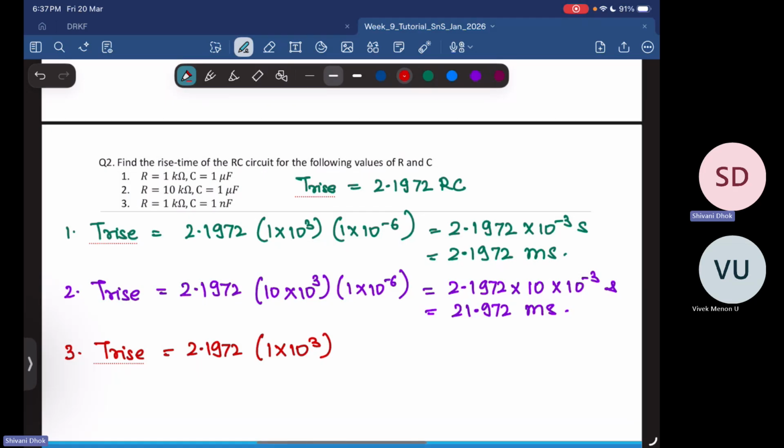When you are reducing the capacitance to 1 nanofarad, nano is 10 raised to minus 9, so that will give me 2.1972 into 10 raised to minus 6, or 2.1972 microseconds. So you reduced your capacitance value by 1000 times, so your rise time also reduced by a factor of 1000.